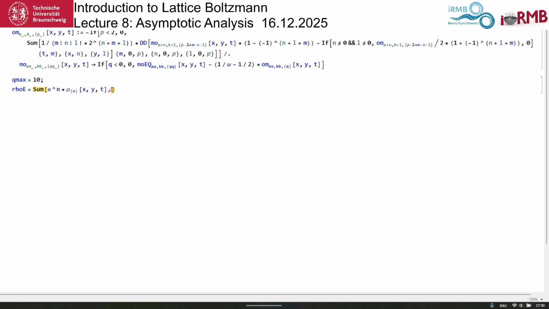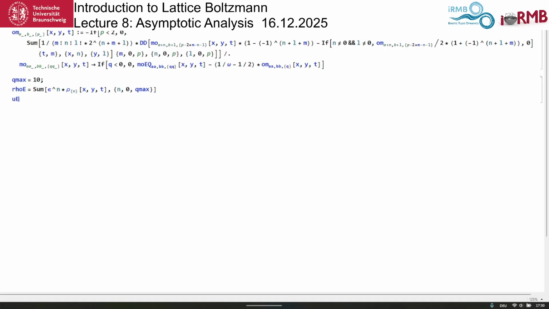And I have to sum this from n from 0 to q max. So, and I will already replace, in order for this, oh no, I make this later.